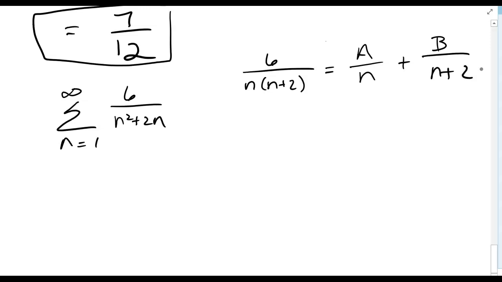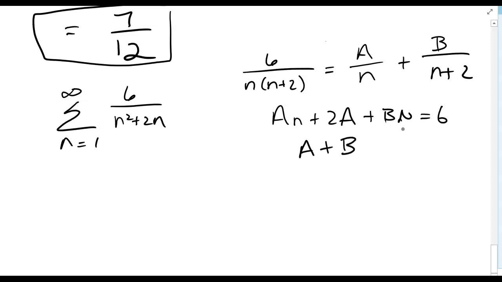Let's see. I'm going to do it very quickly. I'll leave the work to you guys. I think you end up with a n plus 2a plus bn equals 6. So a plus b, which are your coefficients of n, go to 0 because we only have a 6 in the numerator, so we only have the constant.